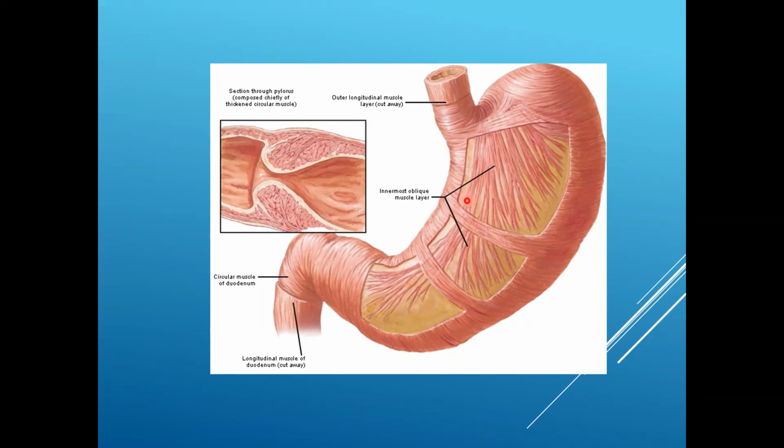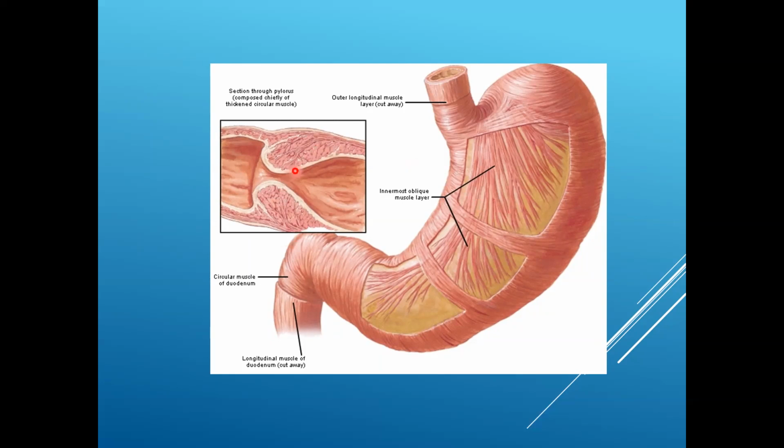It does not cover the stomach completely. And it's only in the stomach where we have 3 layers. Otherwise, the whole gut has 2 muscular layers: outer longitudinal that acts as a spring, and the inner circular for peristalsis.